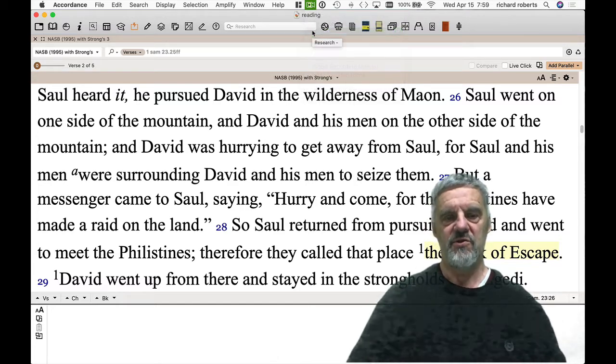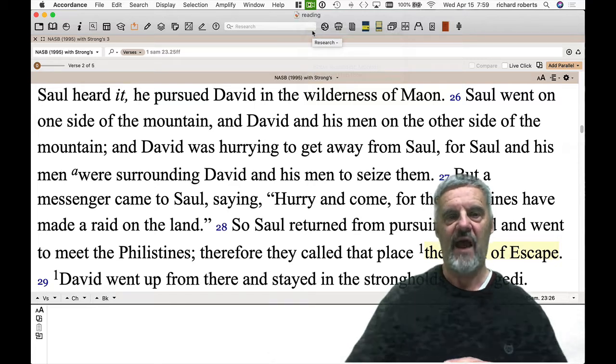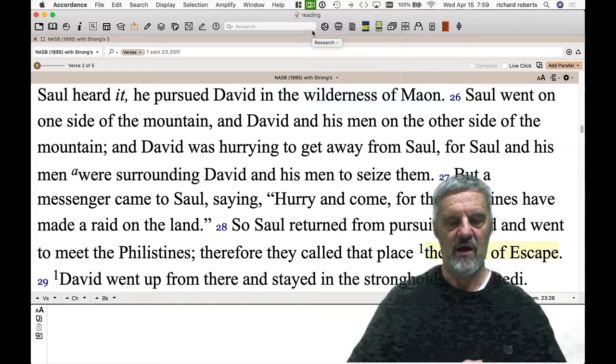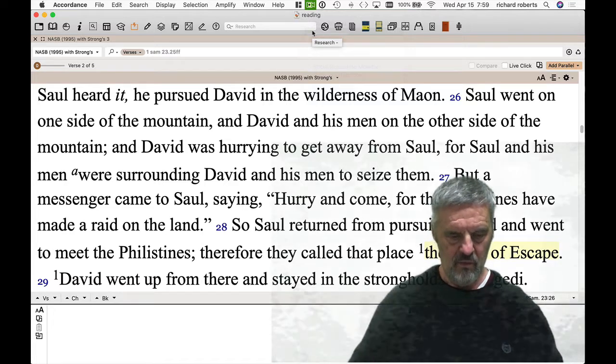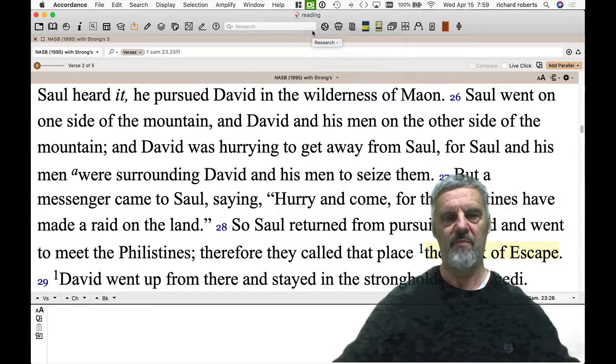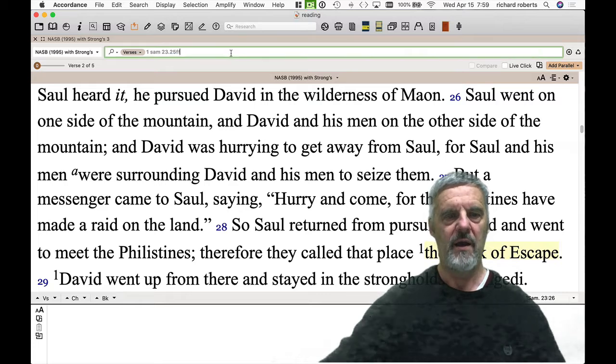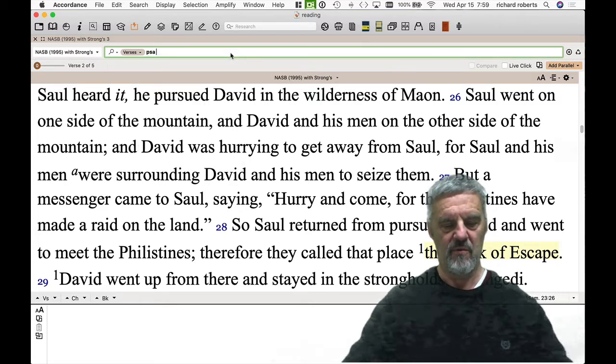The rock is used in other parts of the Old Testament, and different aspects of the rock are used in some of these different examples. Psalm chapter 40 speaks of how the Lord will lift our feet up on the rock and make our steps firm.